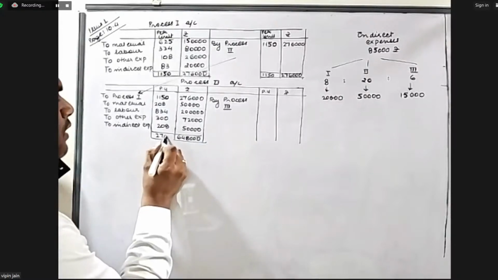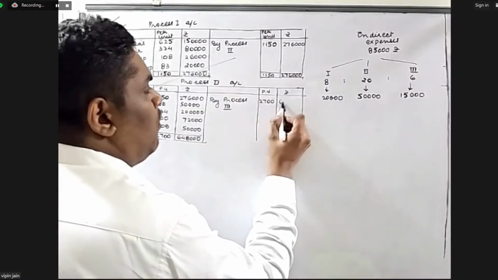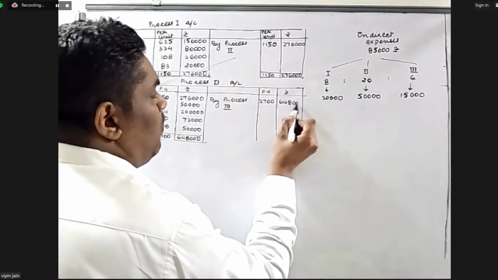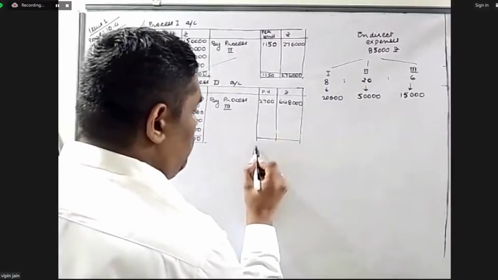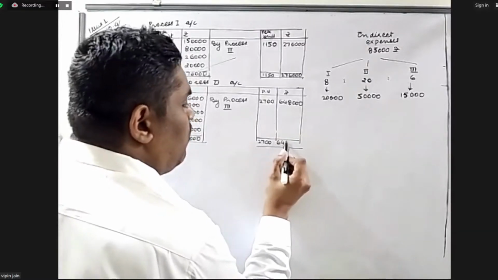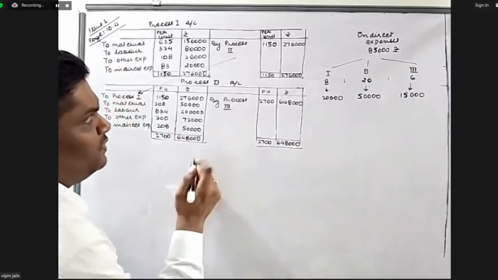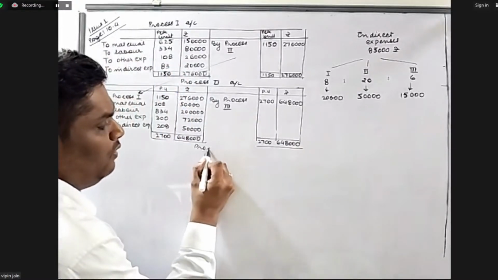This will be 2,700. Now the last process, that is process third account.